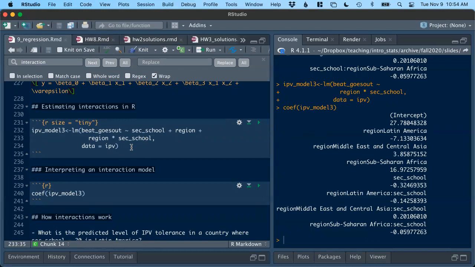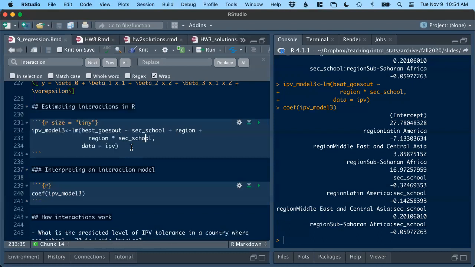Because Asia times 0 is equal to 0. So our intercept still has the same interpretation. Now, when we're in Asia and we have secondary schooling of 20, our expected value is 27.8 plus 20 times negative 0.3, right? Asia equals 1, secondary schooling.